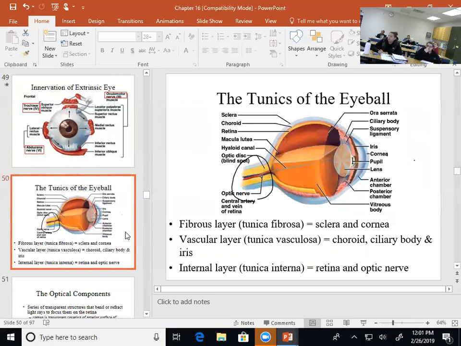There is a little chamber, a space between the cornea and the colored part of the eye, the iris. And in life, that space is filled with fluid. This is the only thing I'm going to get you to add to these pictures, because it's not labeled on here.